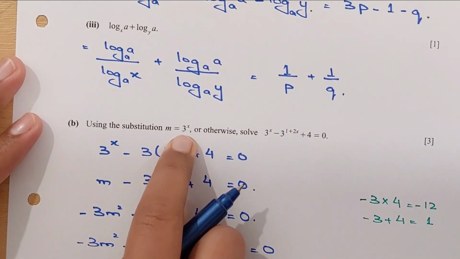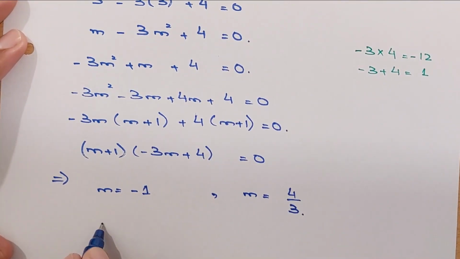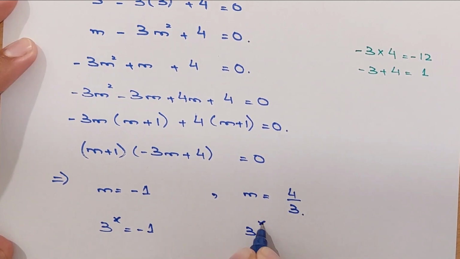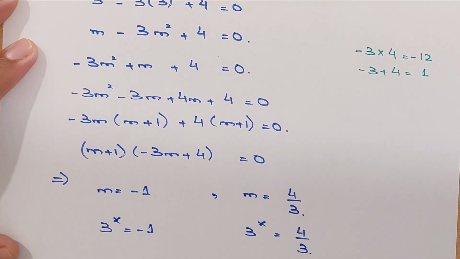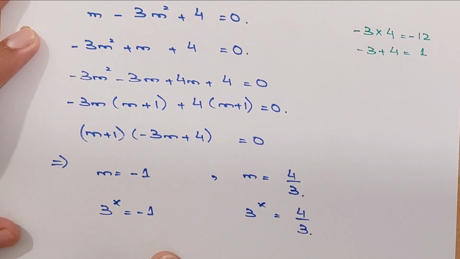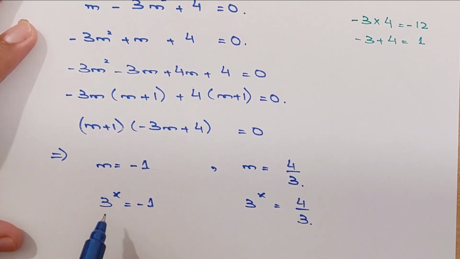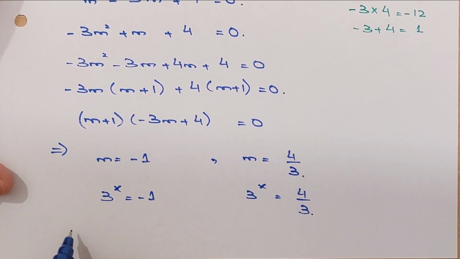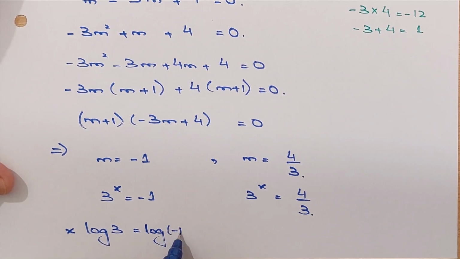Now substitute it back, m is 3 exponent x. So we can say 3 exponent x equals minus 1 and 3 exponent x equals 4 by 3, right? Now we have to solve for x. So how can we solve for x? We have to take log on both sides. By the property of log we can shift x before the log, and x log 3 equals log of minus 1, and log of minus 1 does not exist, so we will not get any solution from this factor, right?